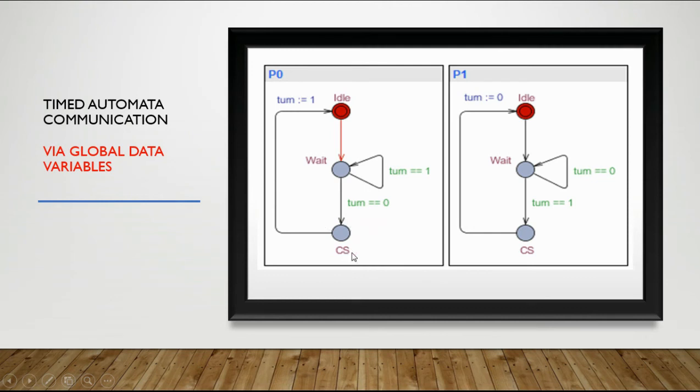This is an example of controlling a resource. The resource is a critical section. The two processes can go to this critical section, but we want to make sure that only one process at a time can go inside it. We use turn as a global variable that is shared between these two processes.